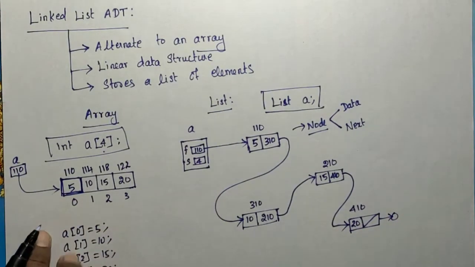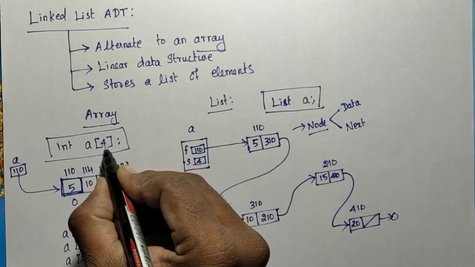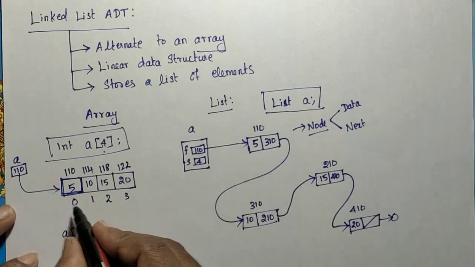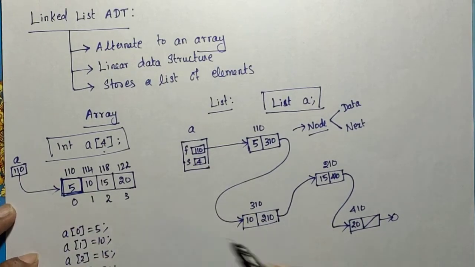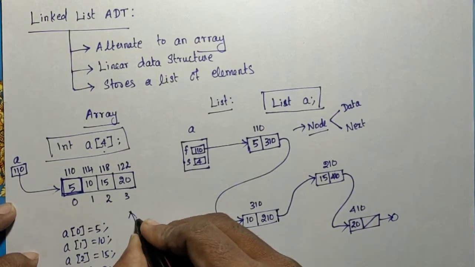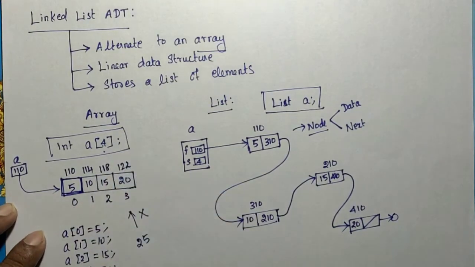But in the array, if we want to insert one more element, here we have fixed the size as 4. During execution of the program, if you want to add a fifth element, it is not possible. If you want to add 25 to this array, it is not possible, because the size is restricted. So dynamically we cannot increase the size of an array, but in the list we can dynamically increase and insert data.